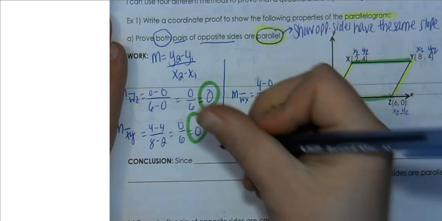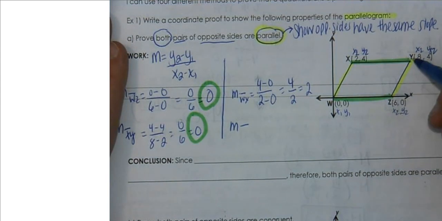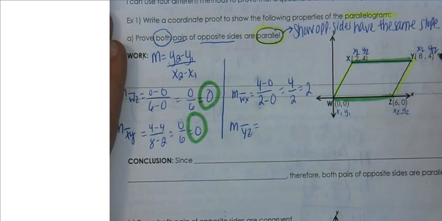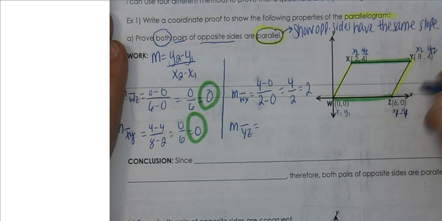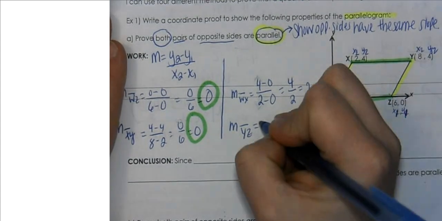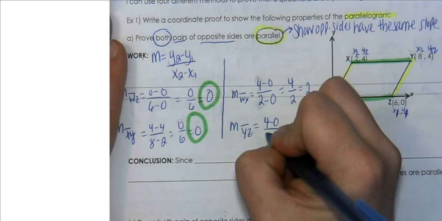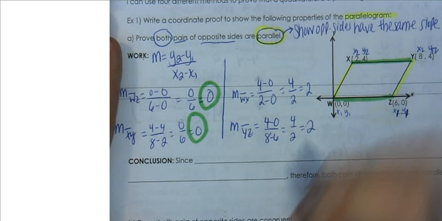So now I'm going to identify my next slope, which is my YZ. And in this problem, I'm going to change down here to x1 and y1 so that I end up with 4 minus 0 divided by 8 minus 6. So I end up with 4 over 2, which is once again 2.